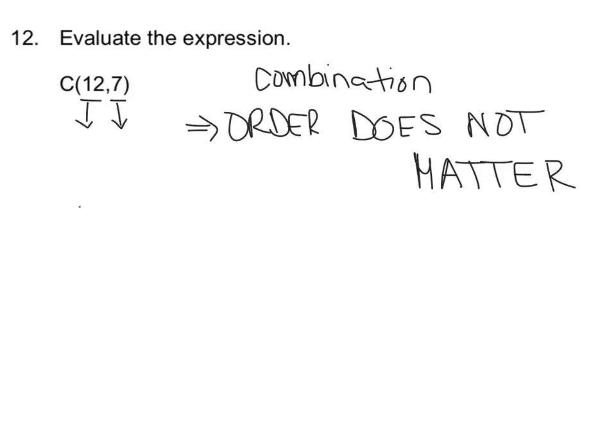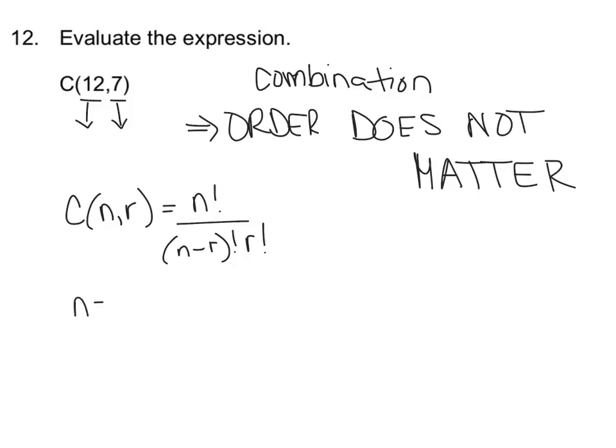For combinations, we have a formula of C n choose r, which equals n factorial divided by n minus r factorial times r factorial. Again, the first number in the pair represents n, so n is 12, and the second number represents r, so r is 7.